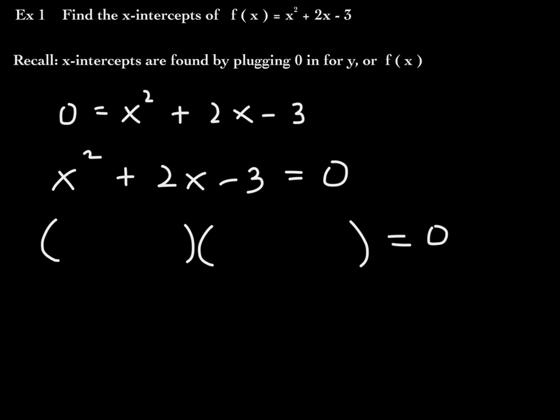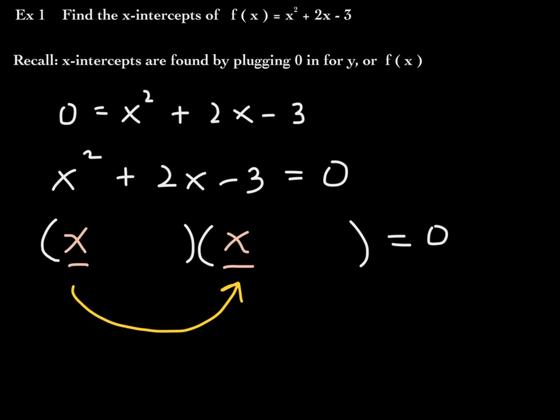Now, we know that whatever you write here and here must multiply, when you distribute, to give you your leading term, x squared. So the question is, what times what gives me x squared? You should be thinking, well, x times x gives me x squared.